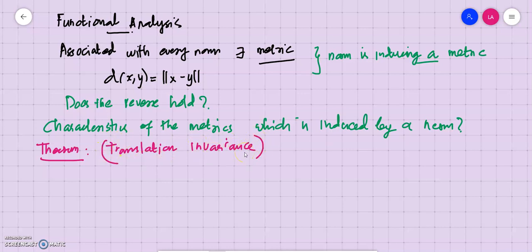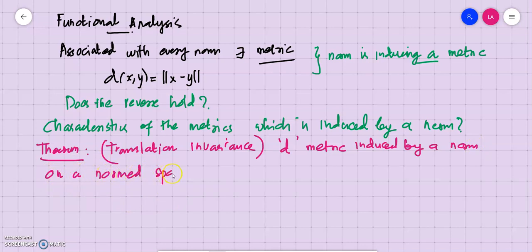The result says that if d is the metric induced by a norm on a normed space X, then it satisfies the following.